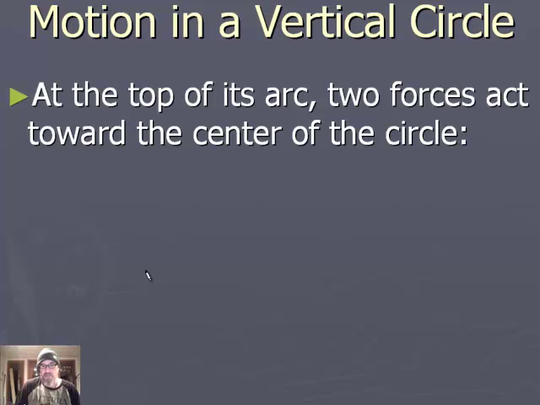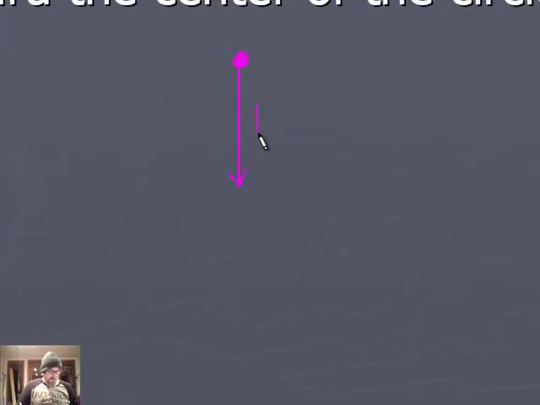Well, since centripetal force is the net force acting towards the center of the circle, let's take a look at what's going on at the top of the arc. At the top of the arc, you have two forces that are acting towards the center of the circle. So here's the object. One of the forces acting towards the center of the circle is the tension in the string, Ft I'll call it.